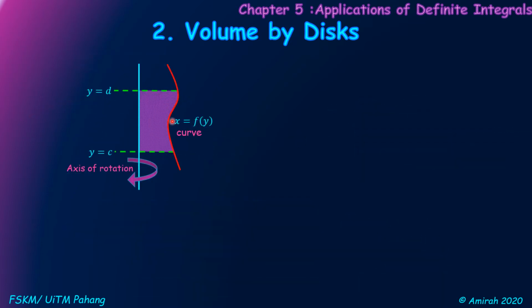Now we consider this diagram. This diagram shows that the shaded region is revolved about this vertical line.